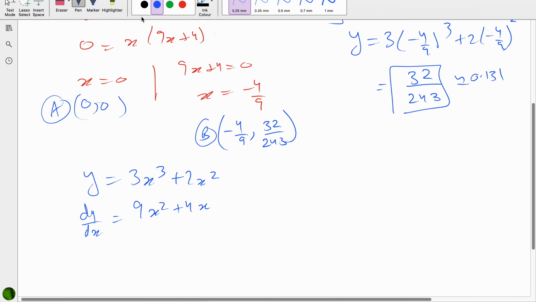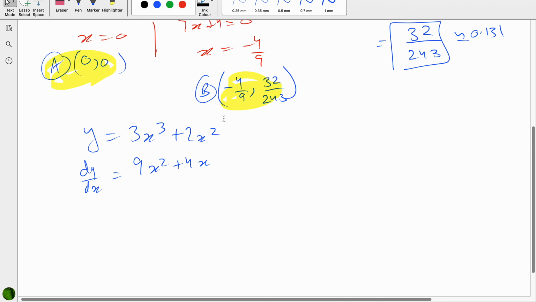And turning points are right there. One of which is this, other is this. Now I'm going for double derivative. Here is its use. D square y over dx square is basically derivating the derivative again. So that would be 18x plus 4, right? Now I'm going to plug in the values.